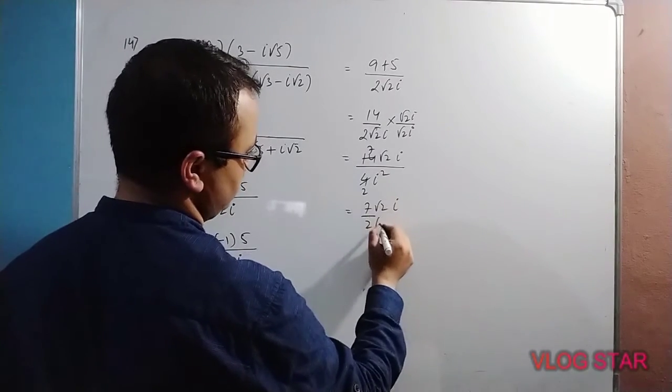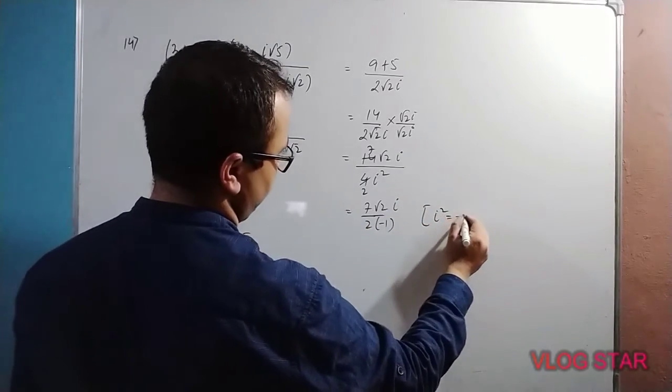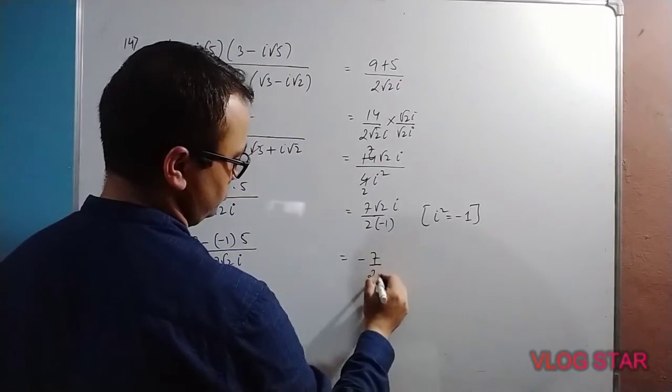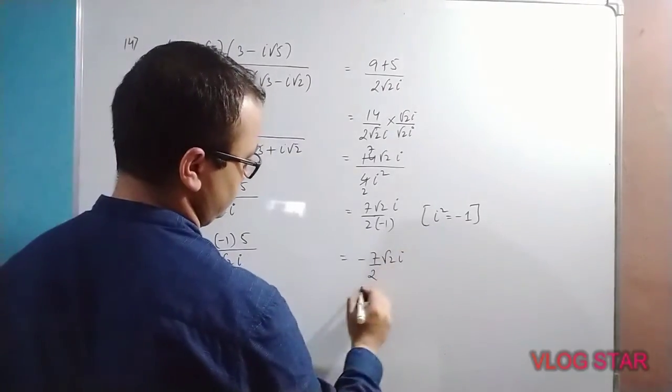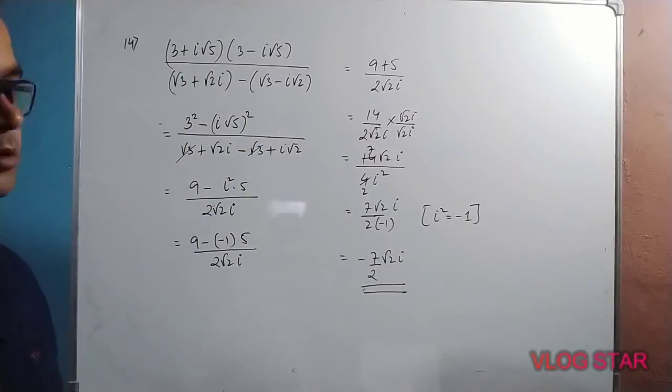Here it is minus 1 because i square equals minus 1. So this equals minus 7 by 2 root 2 i. This is the answer of question number 14. Okay, this was for today. Thank you.